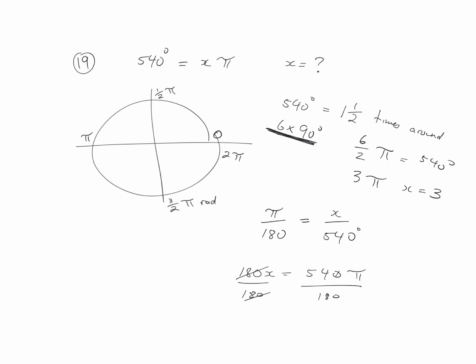Those cancel, the zeros cancel. 18 divided by 6 is 3. 54 divided by 6 is 9. So we have 9 pi over 3. 9 divided by 3 is 3. 3 divided by 3 is 1. So this is equal to 3 pi. So x equals 3.